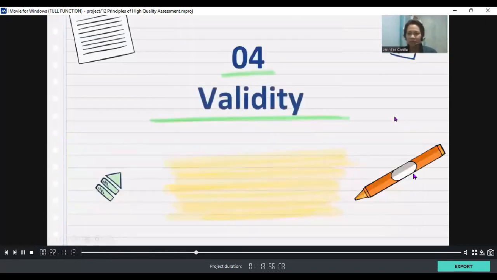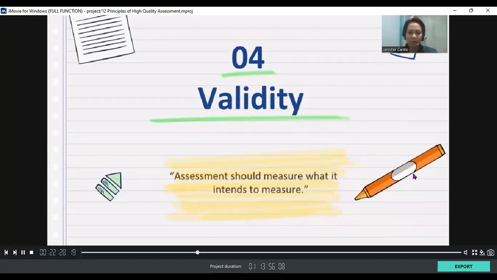Fifth is validity. Okay, among the 12 principles, this is the most important principle. We call it as validity, because validity will capture every principle man. So validity means that assessment should measure what it intends to measure.